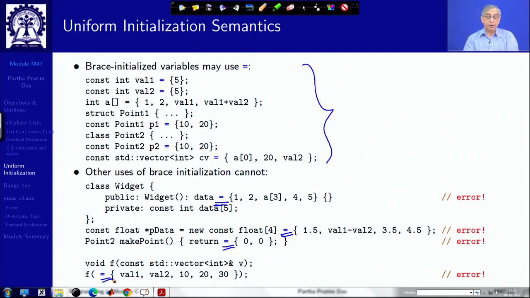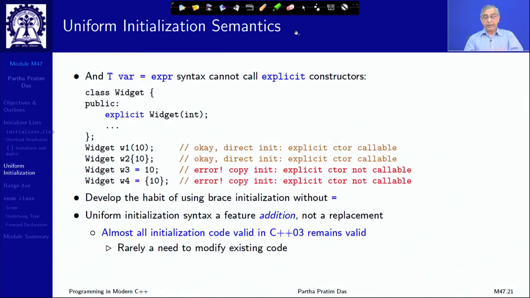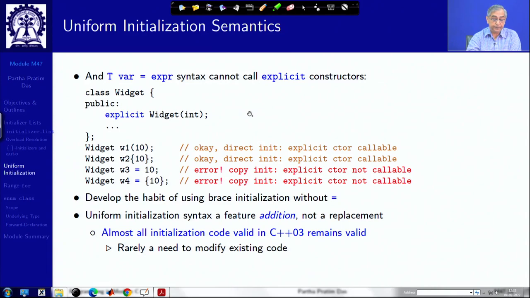So, these are errors. So, basically the core idea is, as you get used to this, learn not to use the initialization symbol anymore, just use the braced initializer or the parenthesis if you have to do that. Right? So, these are small examples of that.